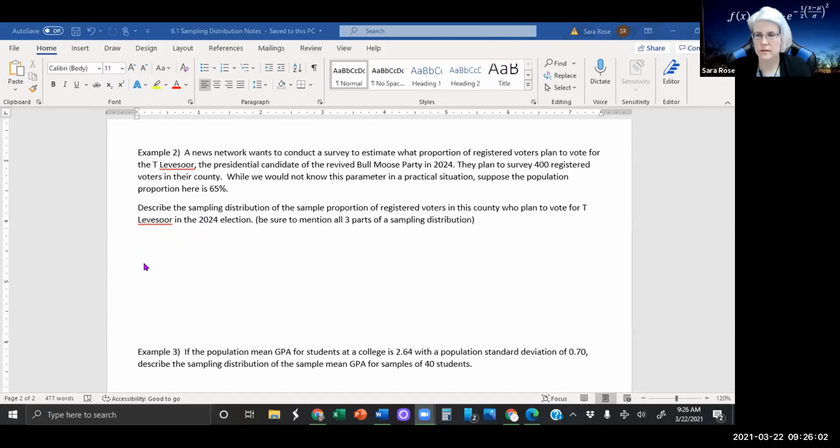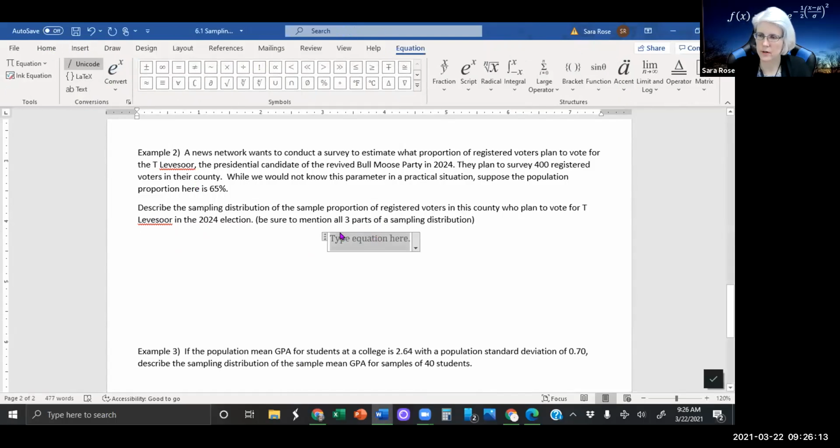There's one thing I should have mentioned, so I'm going to insert an equation here, because you can use the equation that I gave you if and only if this is true: the number in the sample times the proportion is greater than or equal to 10, and the number in the sample times 1 minus the proportion is greater than or equal to 10.